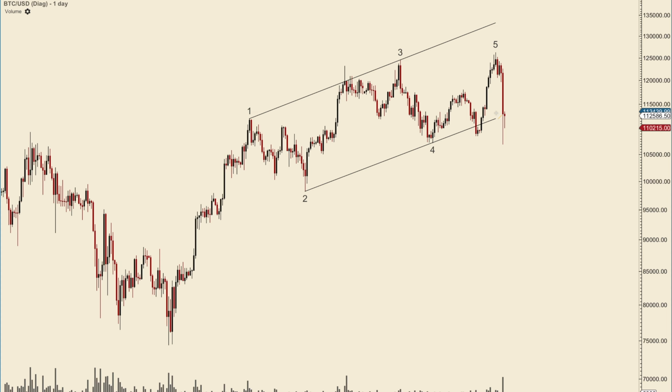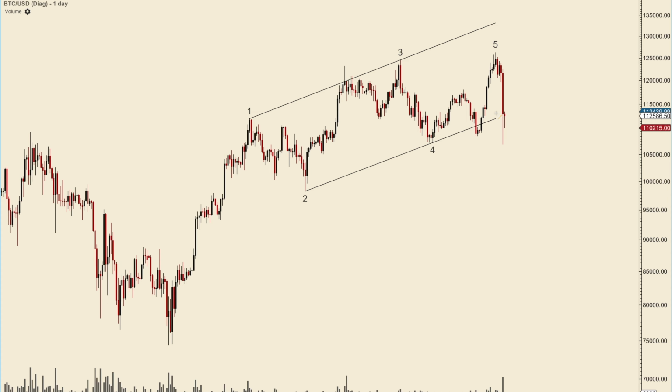And if these lines are expanding, then wave 5 needs to be longer than wave 3. So we need to check. No, it's not longer than wave 3.